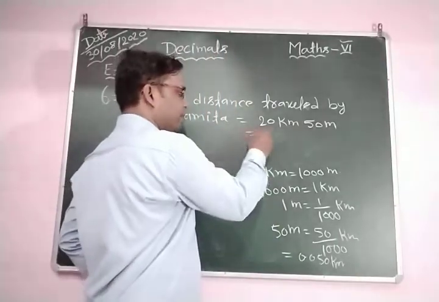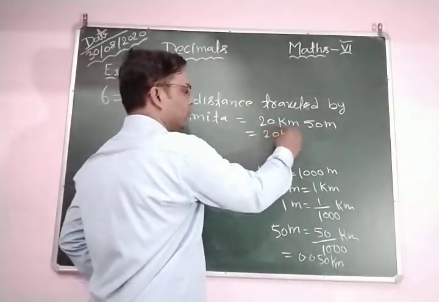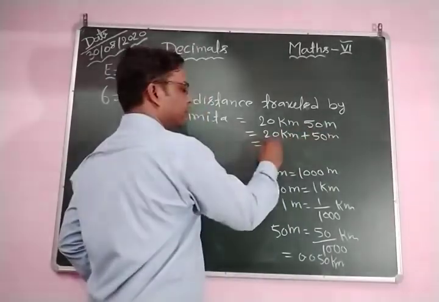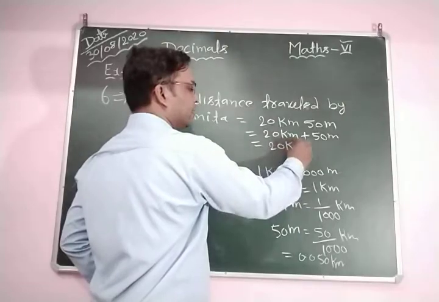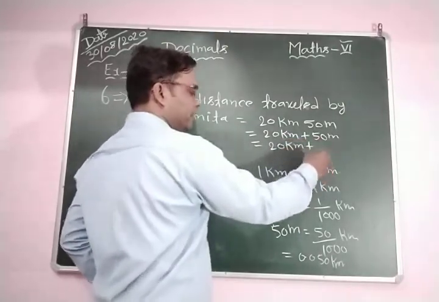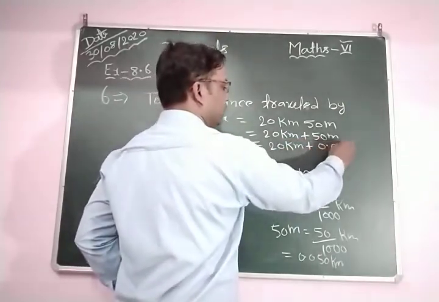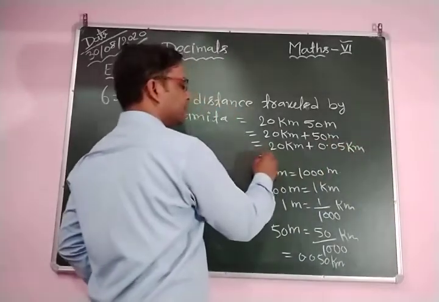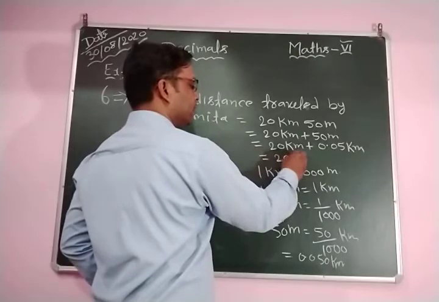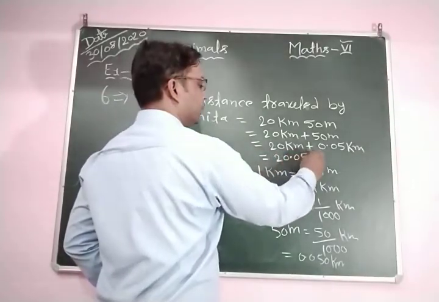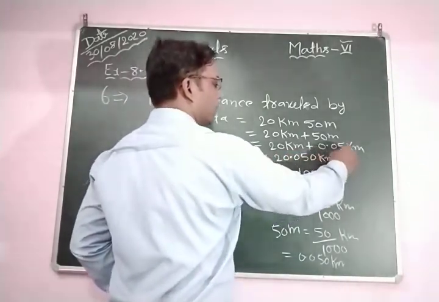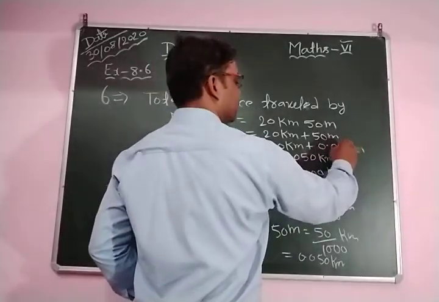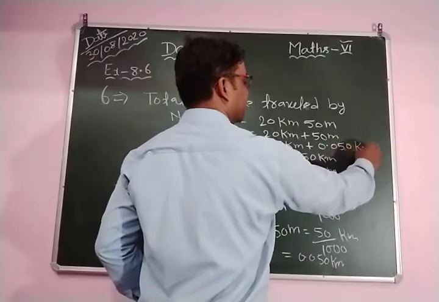So first write 20 kilometer plus 50 meter. So here you can see we convert 50 meter into kilometer. This is equal to 0.05 kilometers. Okay, this is equal to 20.050 kilometers. Here 0.050 kilometer or 0.05 kilometer, both are the same.